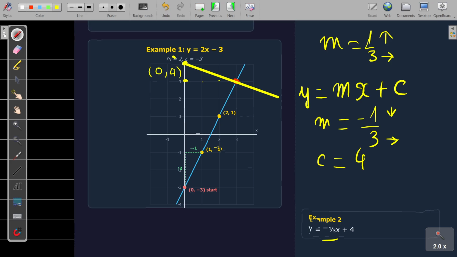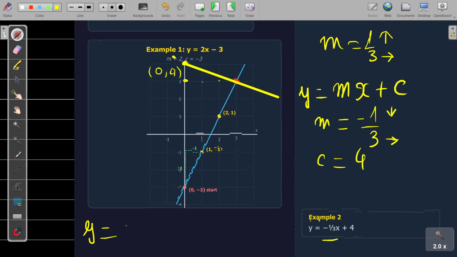But can we check for our second example right here? Okay. So let's check with the second point. I want to check if x is 3. If I replace 3 into here, what will I get?